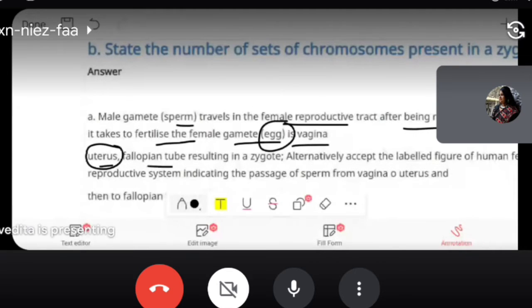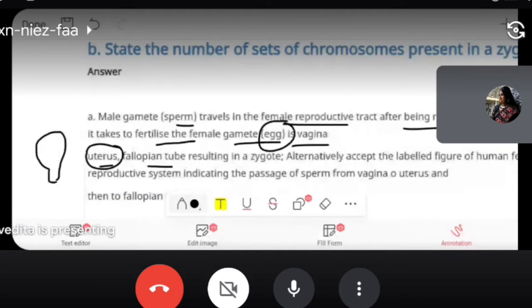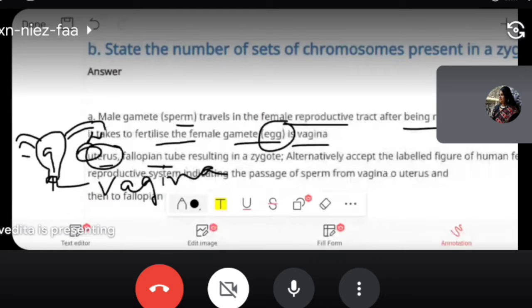Then it will go to the fallopian tube. As we have seen in the picture, this is the ovary, and this portion is known as the vagina. When sperm is released inside this vagina, at first it will go to the uterus. After that, two tubes are present here, and after that two ovaries are present here.